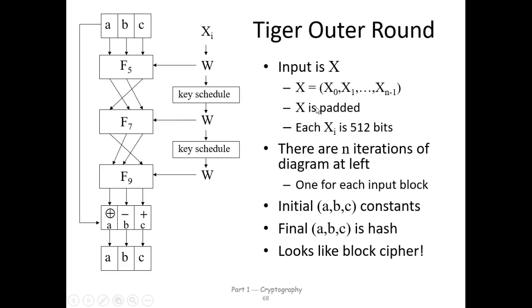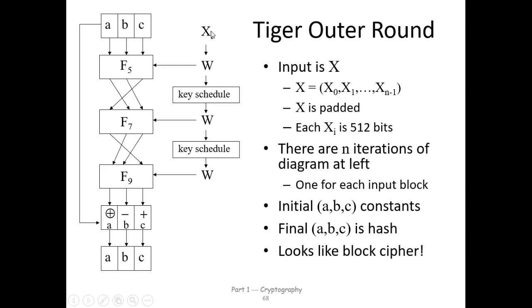Right? So now you can see this. Assume that input is x, so x equals x0, x1 up to xn minus 1. X is padded. Each xi is 512 bits. There are n iterations of the diagram at left, one for each input block.